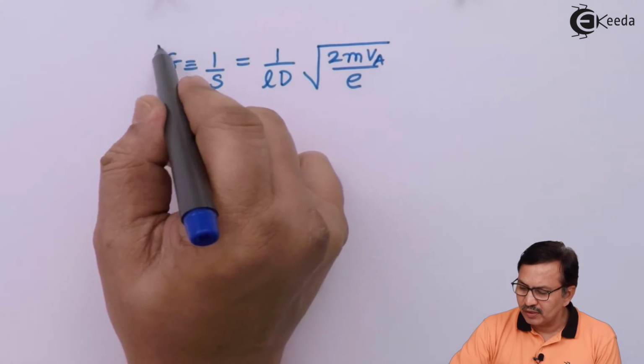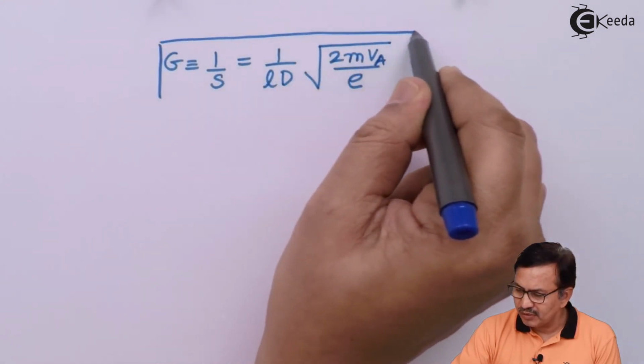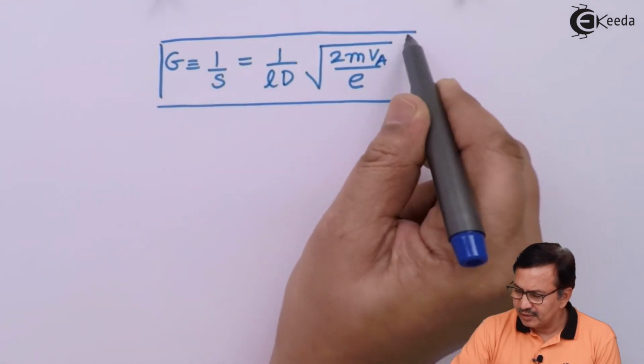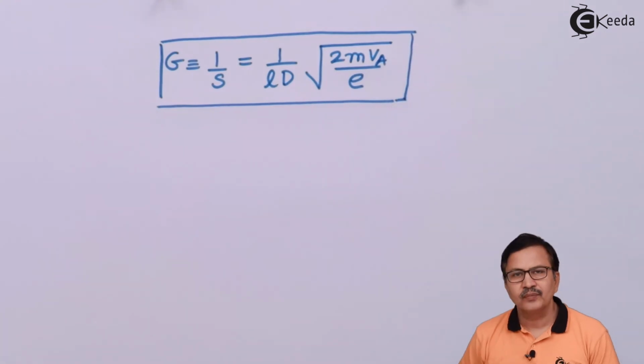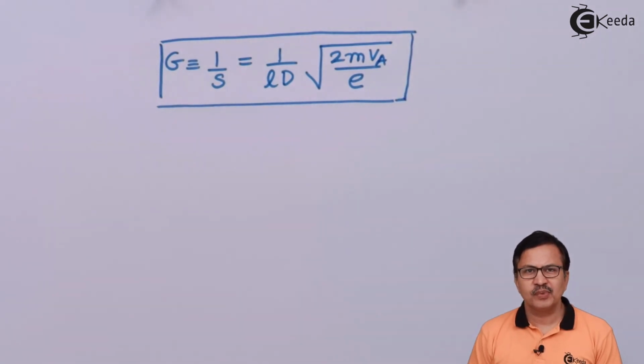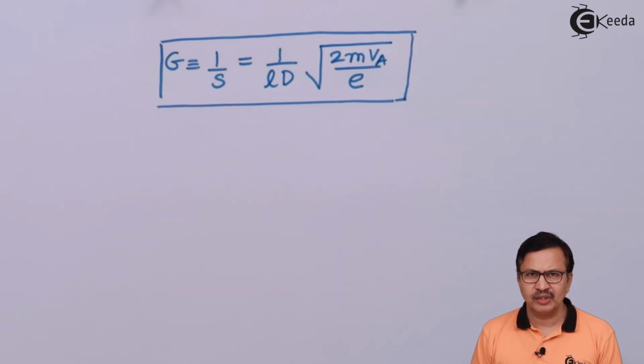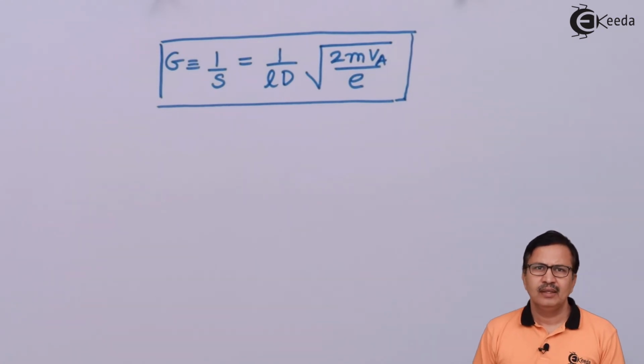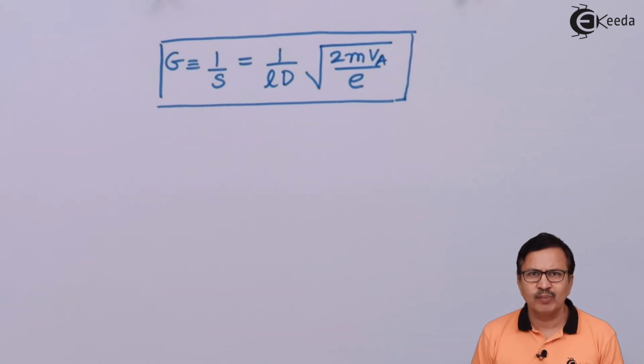So this is your expression for the deflection factor. So we have obtained the expression for the deflection y, then we have obtained the expression for the deflection sensitivity, and we have also obtained an expression for the deflection factor.